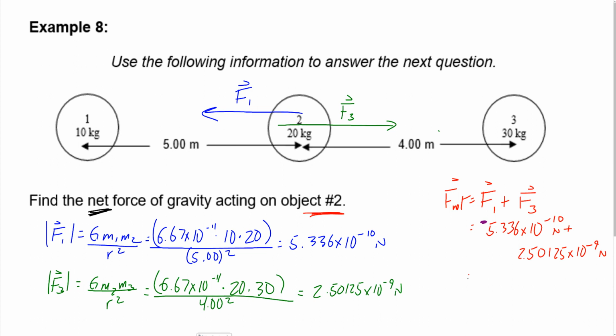Let's add these up. When we do, we get a value of 1.97 times 10 to the negative 9 newtons. There's our net force. That's a positive value, by the way, which means the net force is to the right. In other words, F3 is bigger than F1, and you can see that by the numbers that we found there when we calculated those two forces.